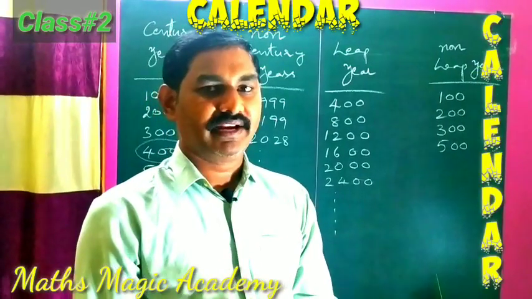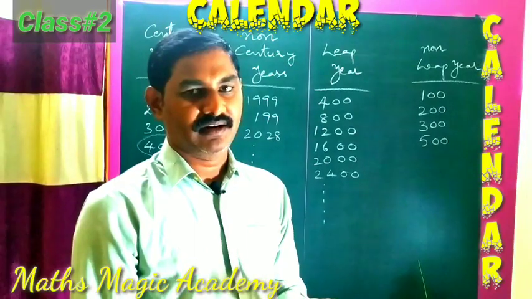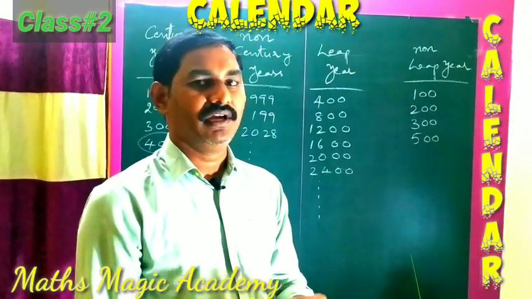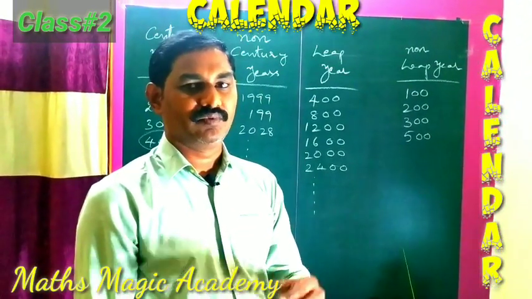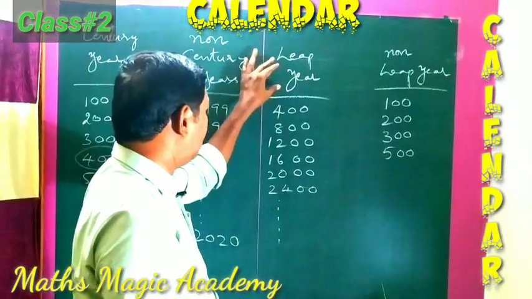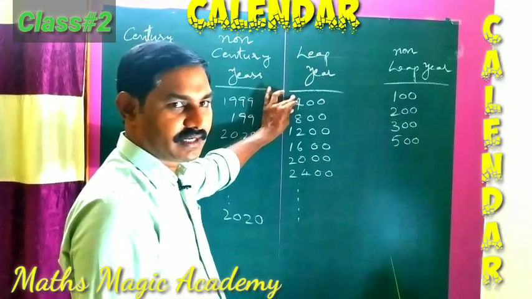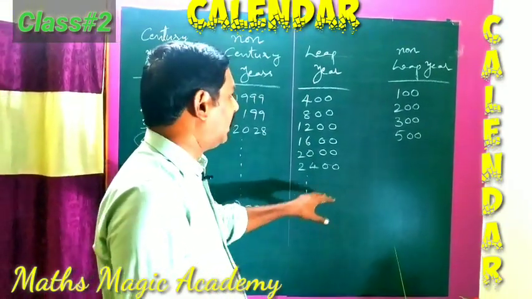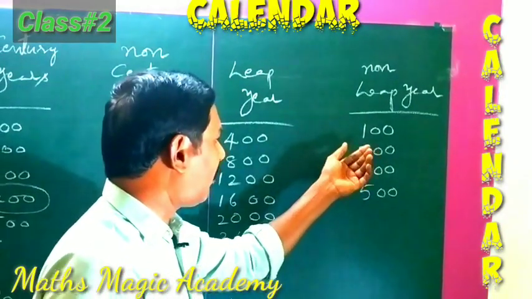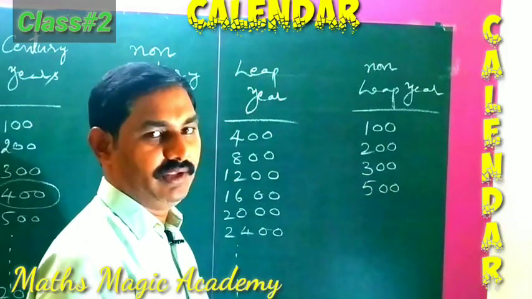So every 100 years one leap year is skipped, and it is compensated by adding one leap year after 400 years. So leap years are the multiples of 400. Whatever multiples of 400 there are, those are all leap years, and century years which are not a multiple of 400 are all non-leap years.